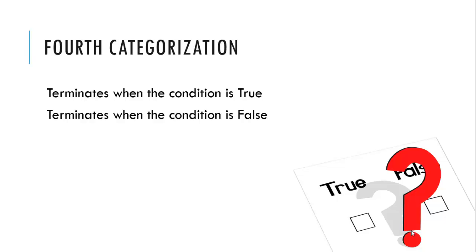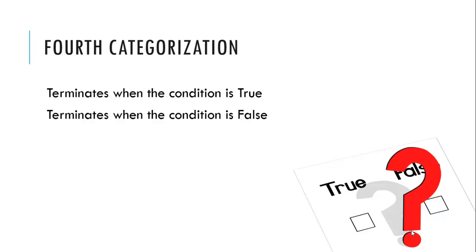On the other hand, we have loops like do-until that are reverse logic loops. They keep looping as long as the condition is false, and they terminate when the condition is true. For example, if you have to do the same process in a do-until loop to print the first 10 positive numbers, you're going to write the condition as do-until the number is greater than 10.